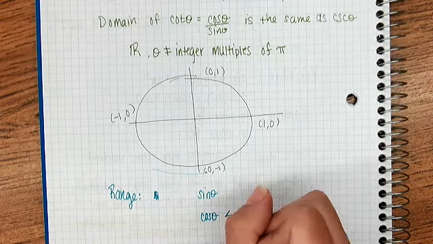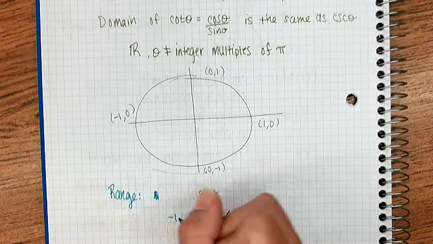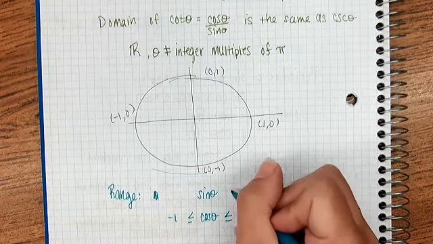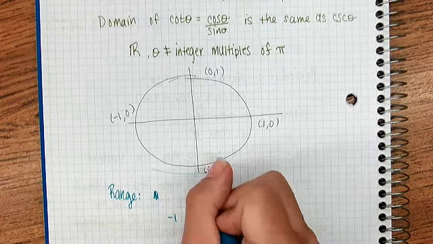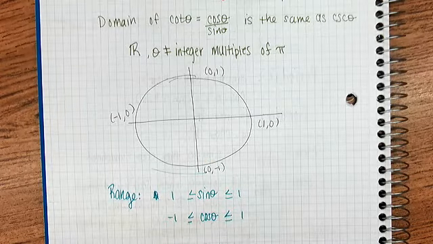So the range for the cosine is between -1 and 1. And the same is true for the sine.